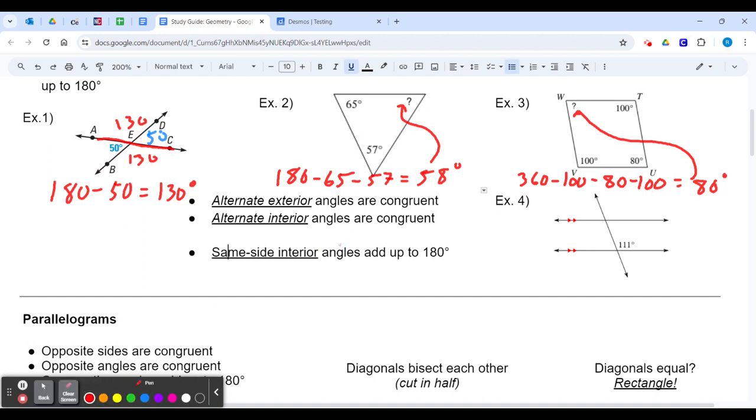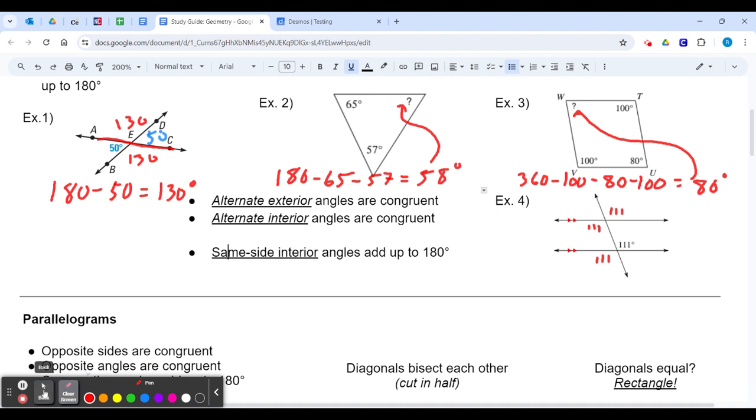Here's what an alternate exterior looks like. 111. Oh, sorry, that's in the wrong spot. We know the alternate interior right now is 111 right there because these are both interior angles. And then because they're vertical angles across, I can place that 111 right there. And then those alternate exteriors are congruent as well.